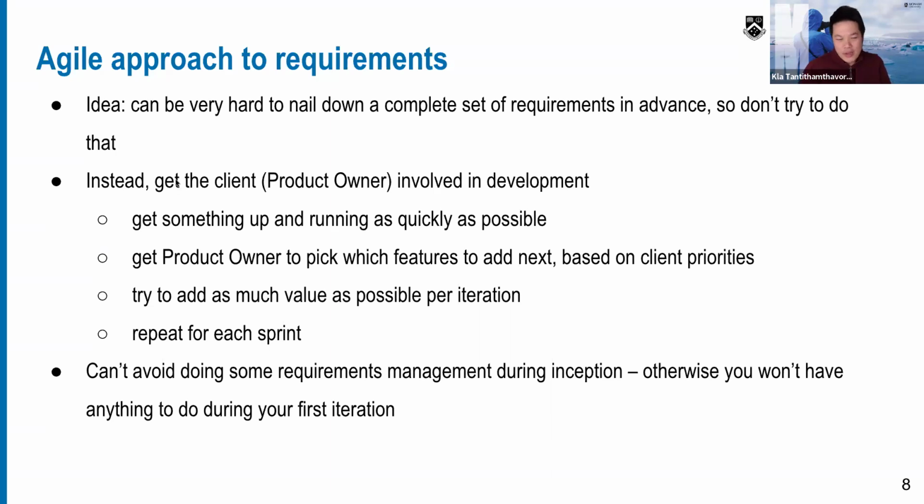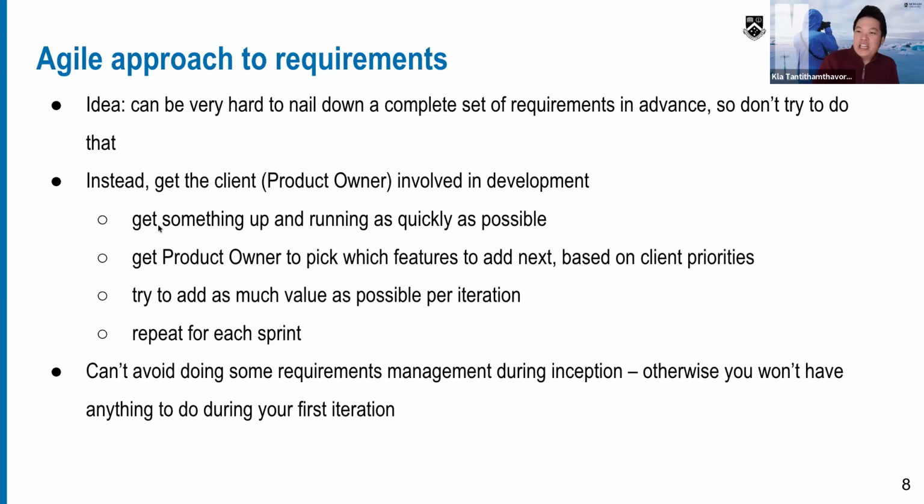For example, look at the sub bullet here: let's get something up and running as quickly as possible and get the product owner to discuss with the clients. See if there is anything else that you want to add. Do you want this kind of thing? Do you want this color scheme or not? And then we deliver the working product.